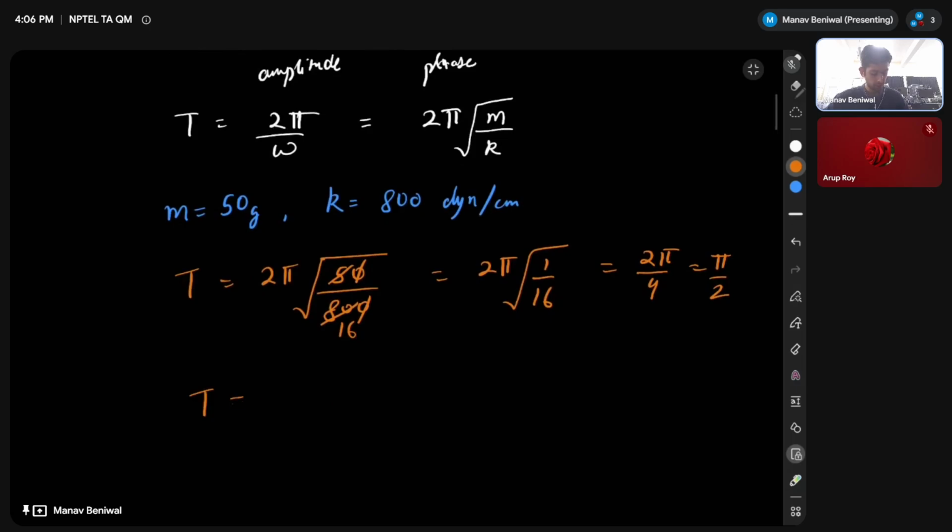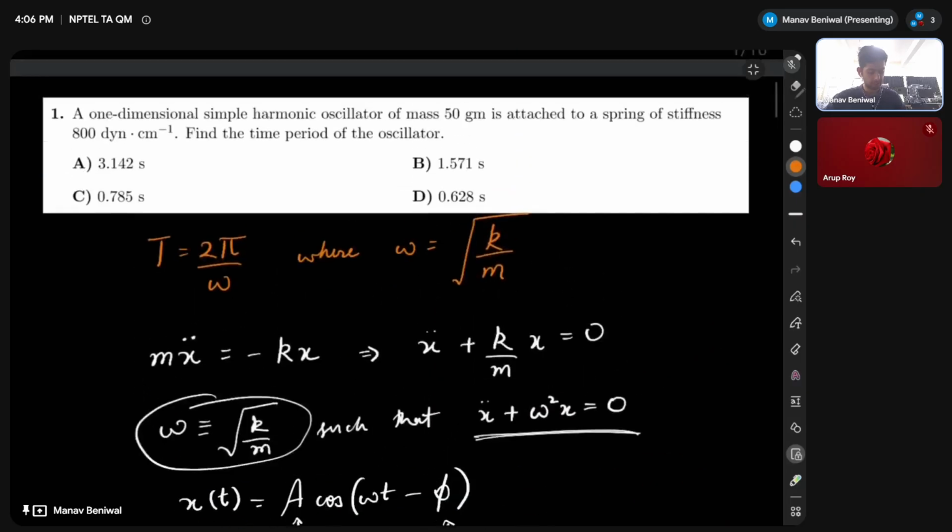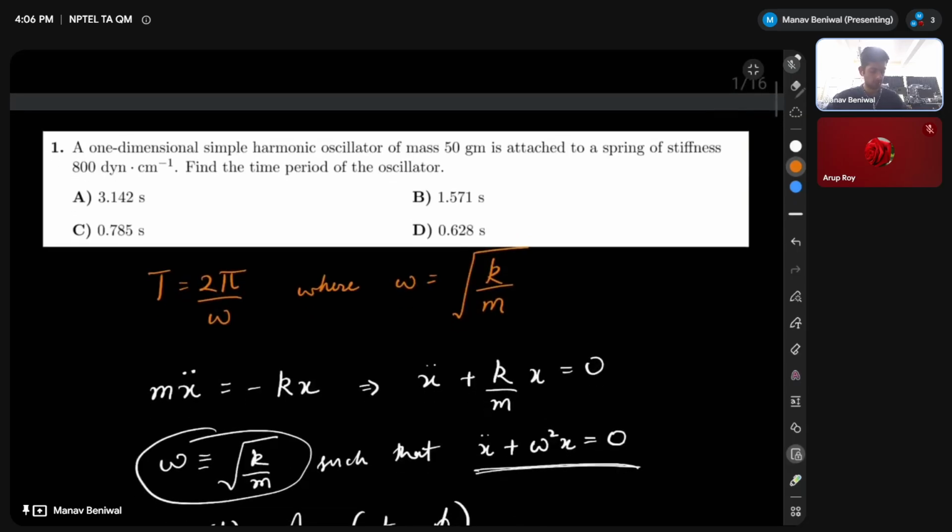So the time period of this simple harmonic oscillator is pi over 2 seconds, which is roughly 1.57 seconds. Let's check the options. It matches with option B. So that is our answer.